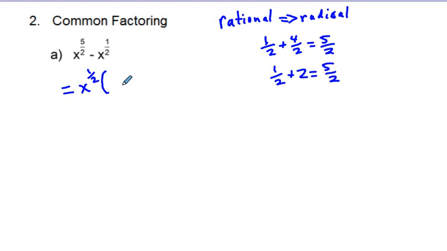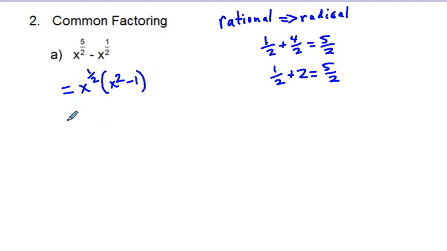So x to the 1/2 power times x squared equals x to the 5/2 power, and then x to the 1/2 power times what equals x to the 1/2 power? That's going to be minus 1.